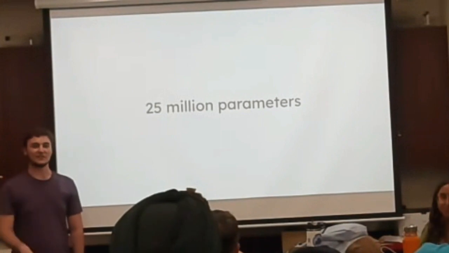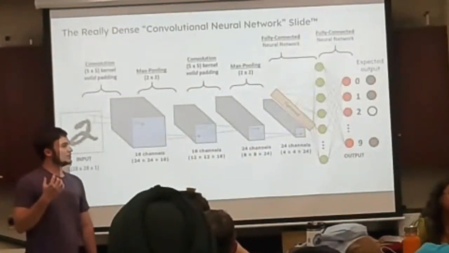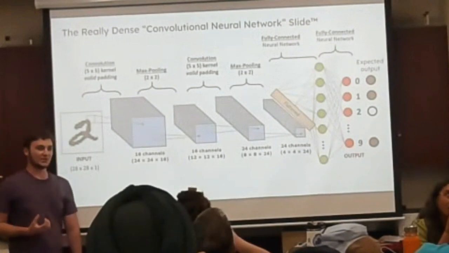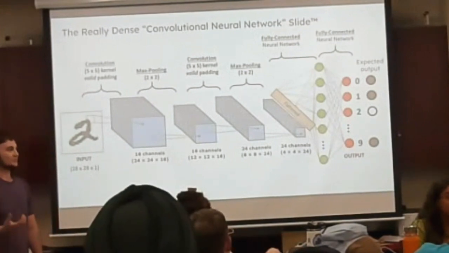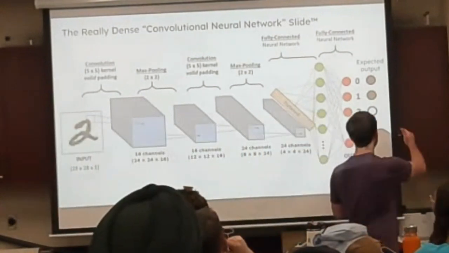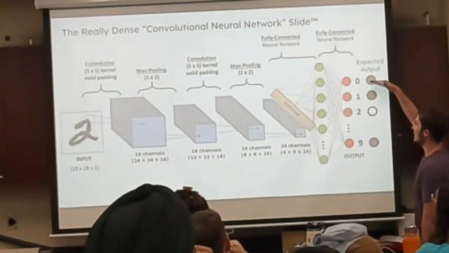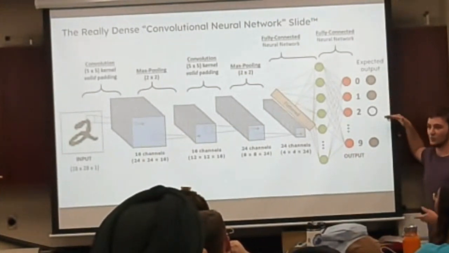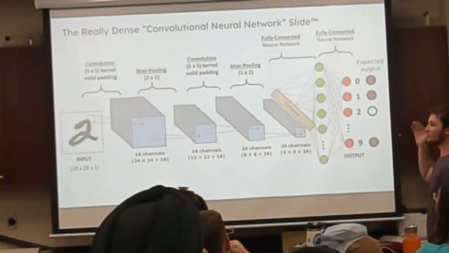So go back to the slide. We need to figure out how we can automatically change these parameters to get the model to be right. Well, what we do is take some expected output. So here, every number is a 0, except we gave it a 2-iness of 1. And then we compare that to the actual output.